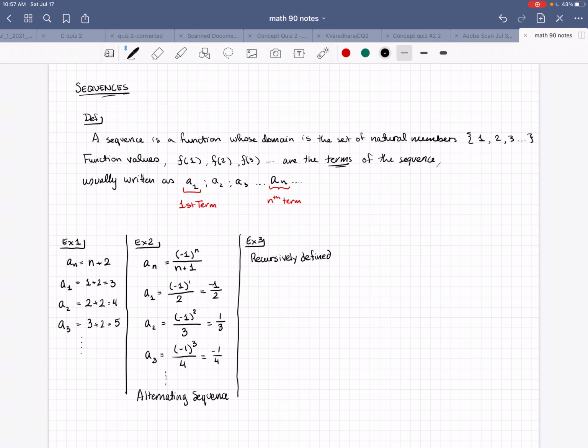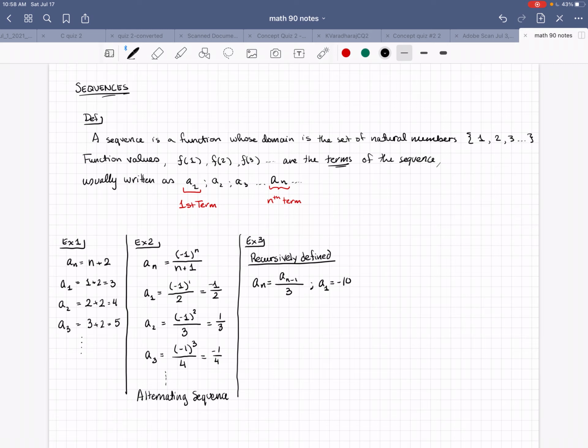So you might have something like a sub n is equal to a sub n minus 1 divided by 3. And the first term is negative 10.